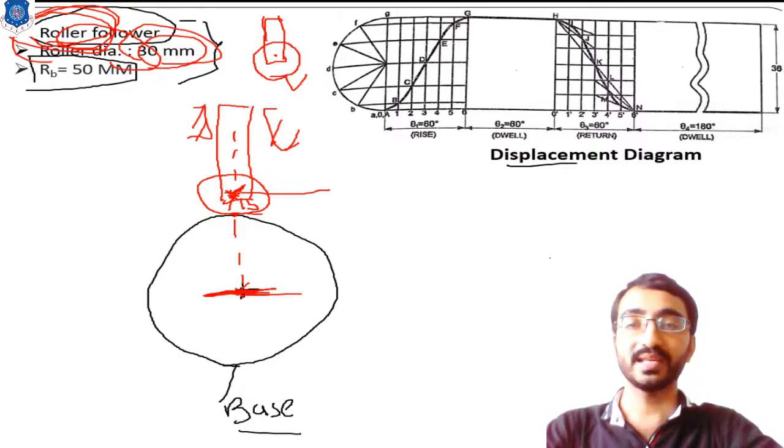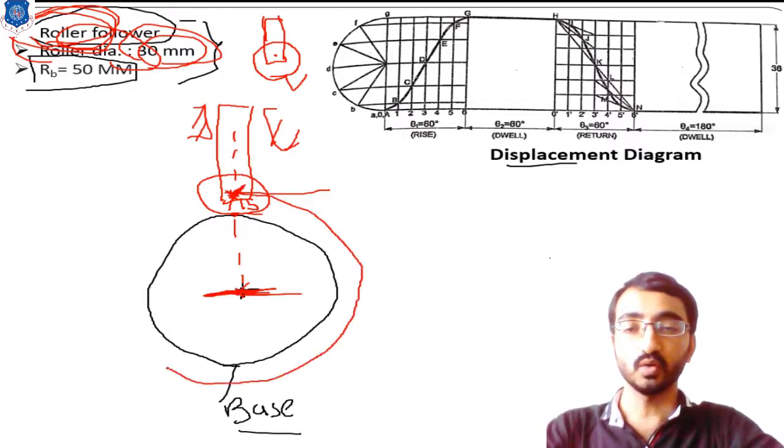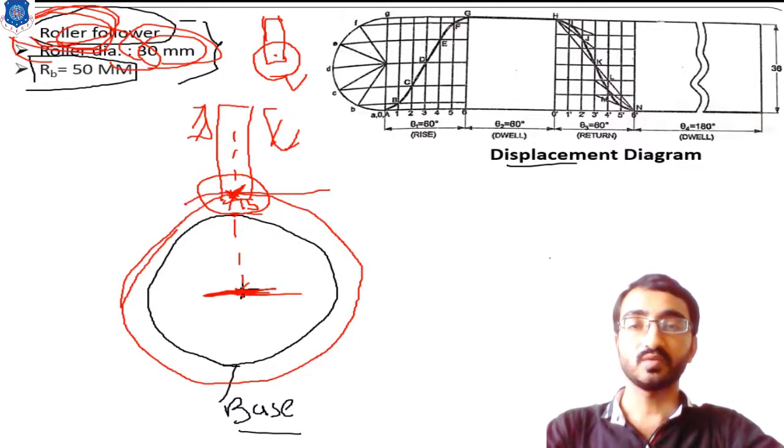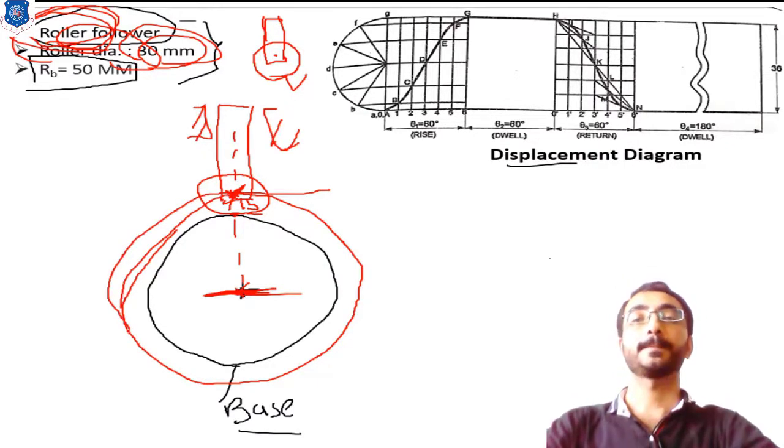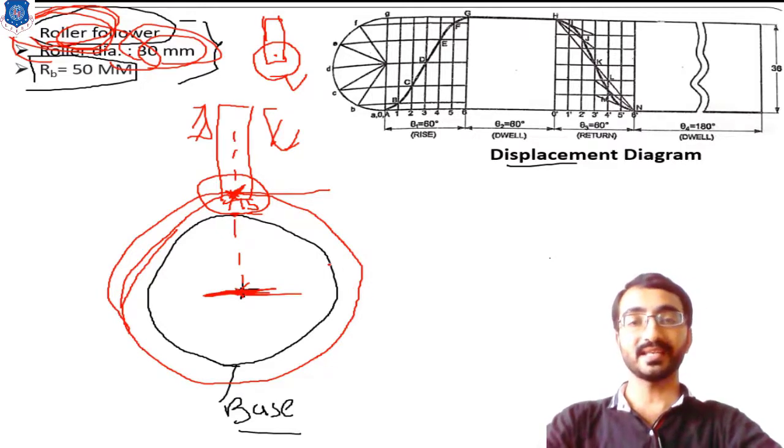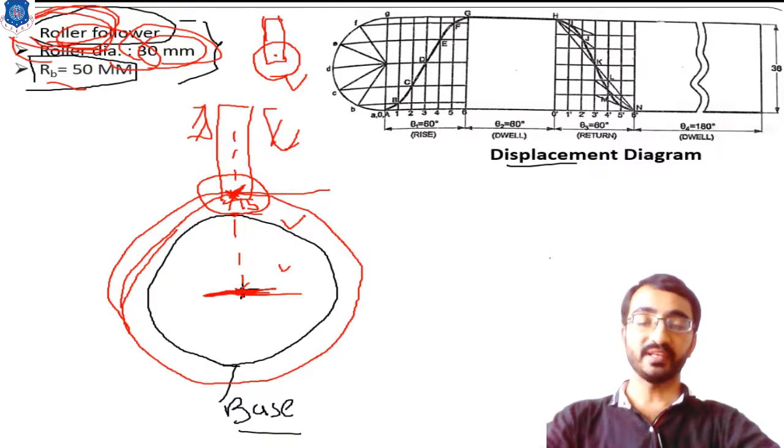Keep this as your radius and draw the other circle, which is known as the prime circle. In this way you can sketch the prime circle. The first circle is the base circle, which represents the minimum size of the cam, and the second circle includes the base circle with the roller radius of 15 mm.